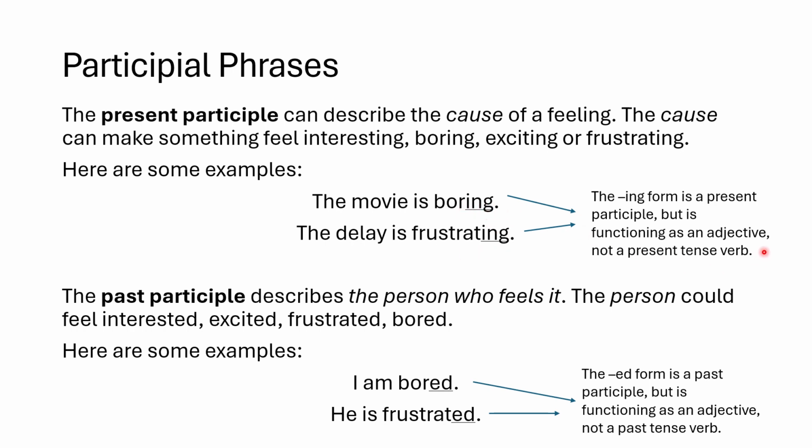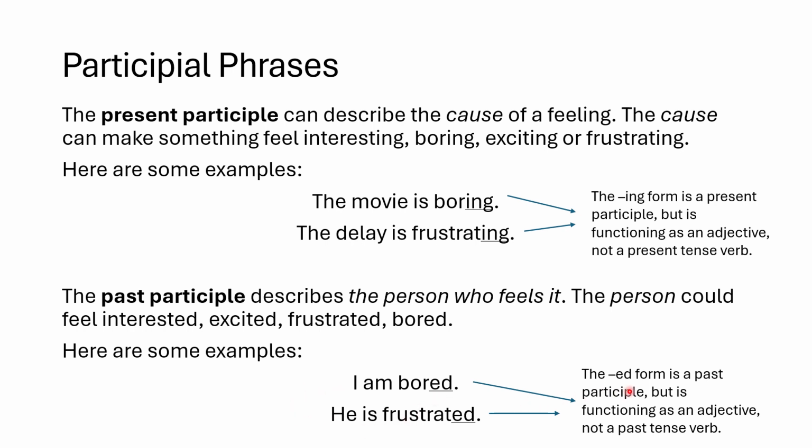present tense verb. The past participle describes the person who feels it. The person could feel interested, excited, frustrated, or bored. Here are some examples. I am bored. He is frustrated.